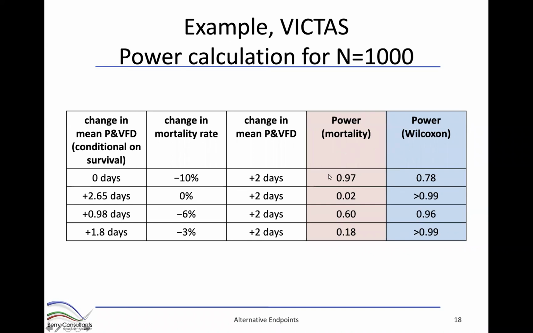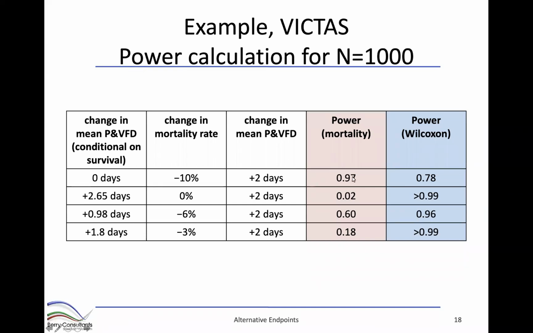If you only do a mortality analysis, then this is highly powered. So with this -10% mortality, just doing a proportion, you get 97% power. If you do a Wilcoxon test, then you only get 78% power. So this is where you would potentially take a loss from this endpoint. There's no change in the survivors. All of the information is mortality.